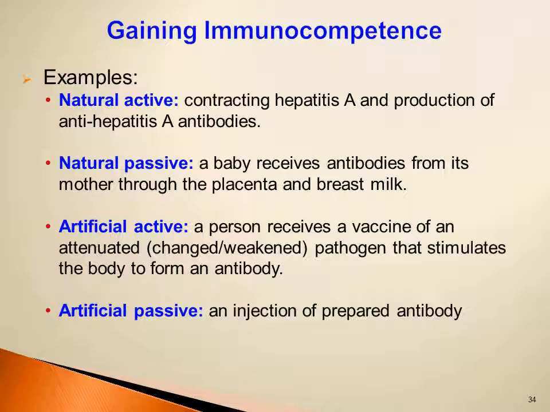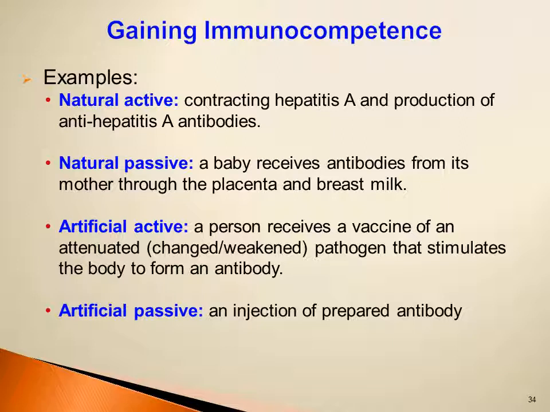So this is natural because we got the infection naturally by consuming water or food contaminated with hepatitis A. And active because the ingested hepatitis A virus will stimulate the immune response to produce anti-hepatitis A antibodies, so it is an example of natural active immunity.